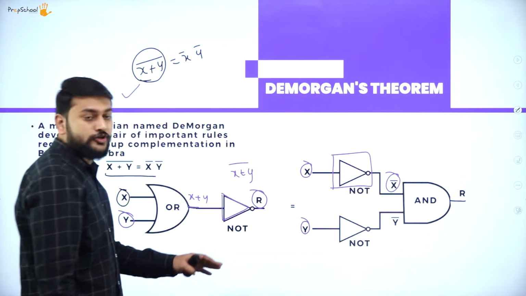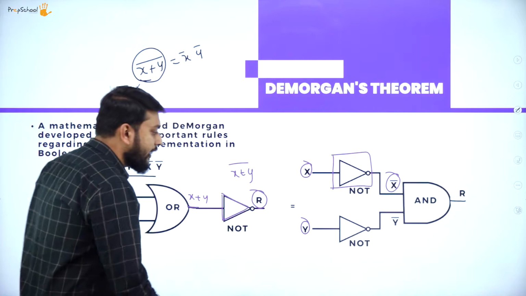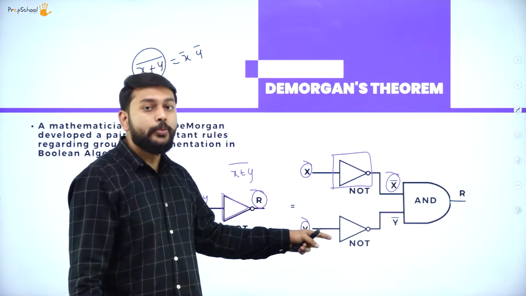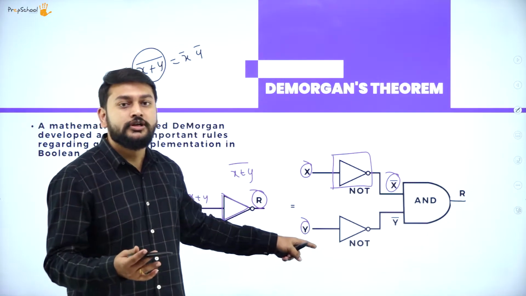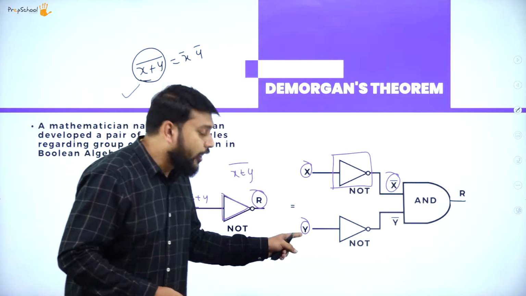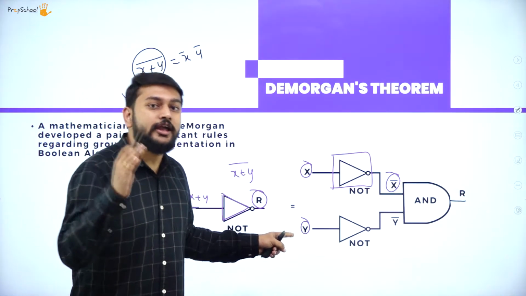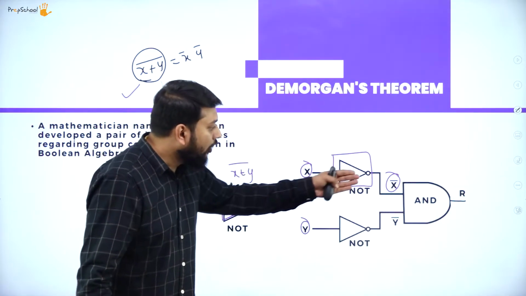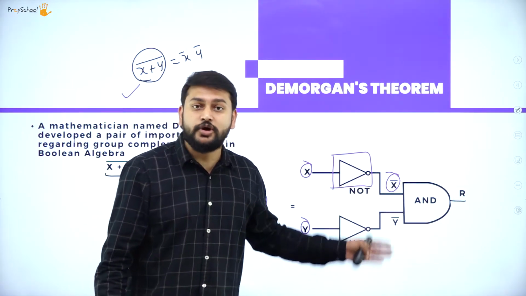That's what you need to understand with respect to this part. Again, here I will be passing y as an input for this NOT gate. Obviously, the NOT gate will produce the complement of whatever input it is taking. So I'm passing y as an input and it is producing y dash as the output. So fine, I got x dash and y dash.